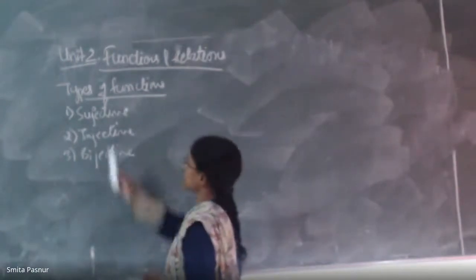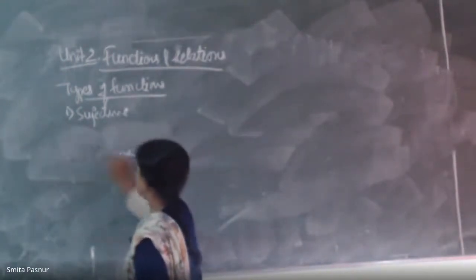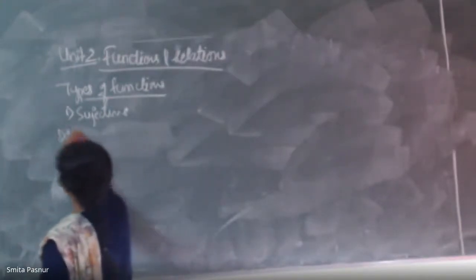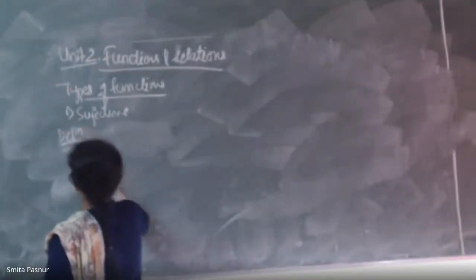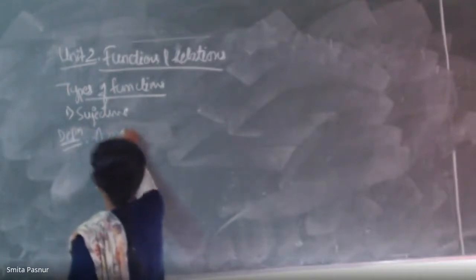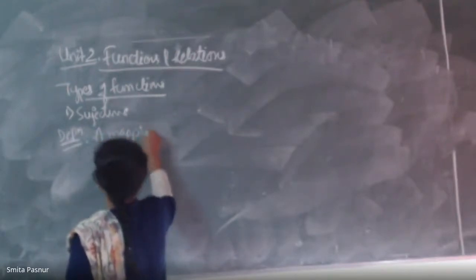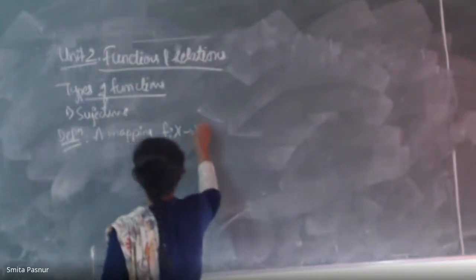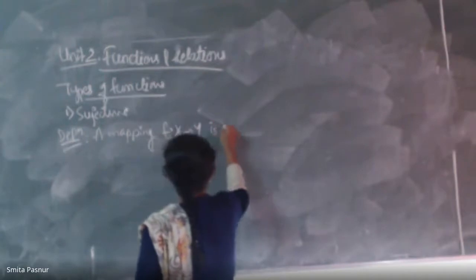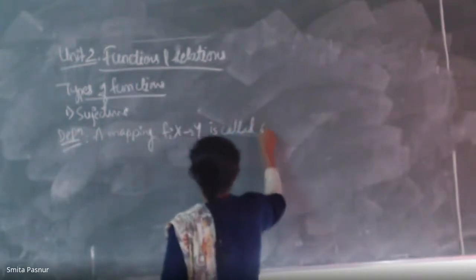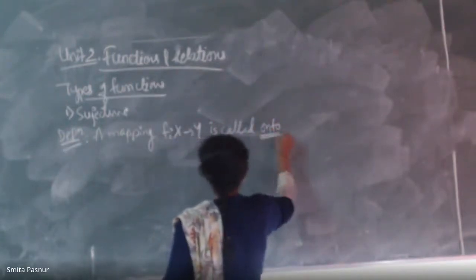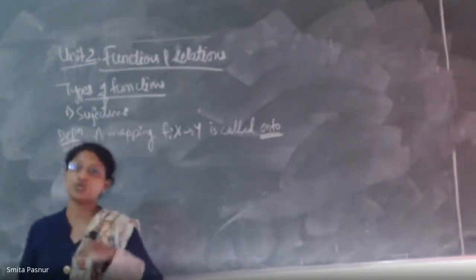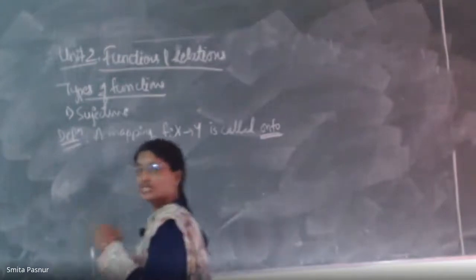Okay. So we will see first what is surjective. What is the definition of surjective? A mapping f from x to y is called onto. So a surjective function is also called an onto function.